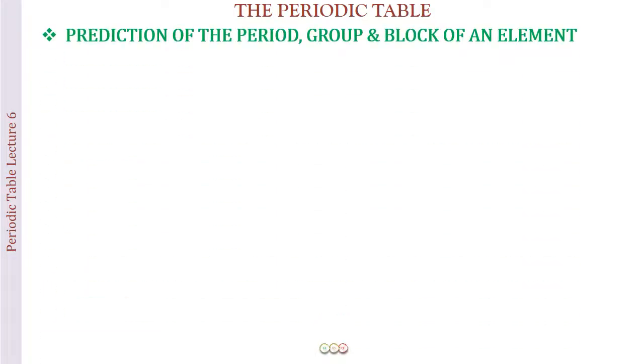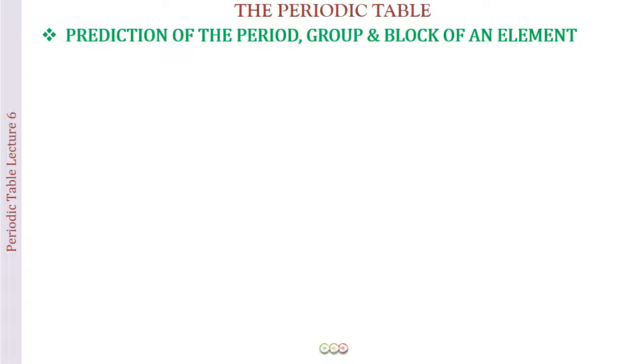So in order to predict the group, the period and the block of an element, what is required? Well, you all know that the periodic table is based on the increasing atomic numbers. That means there is a relation between the periodic table and the electronic configuration, the atomic number being equal to the number of electrons in a neutral atom.